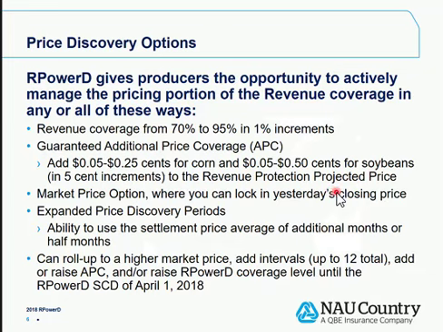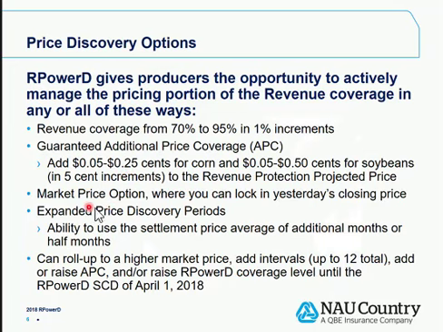Let me rephrase it. That's up to 25 cents in 5-cent increments on top of the projected price. And that ends up being the highest. The projected price would be 25 cents more.